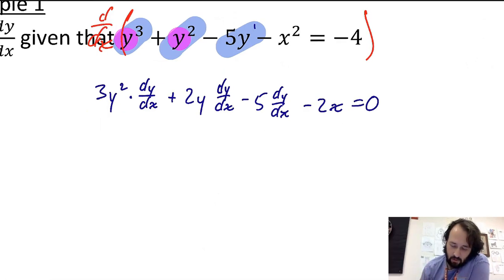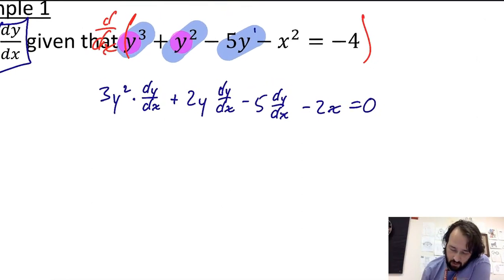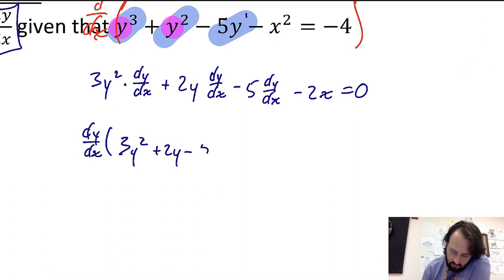All right, so now the other thing here is that if I am trying to find dy dx, here is where I do need to solve for dy dx. But what I can do is factor it out of this first part here. So dy dx times 3y squared plus 2y minus 5 equals 2x.